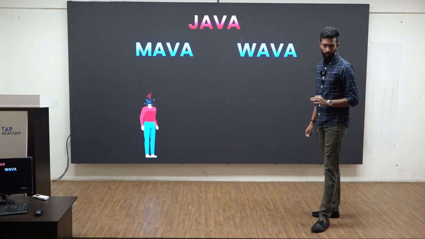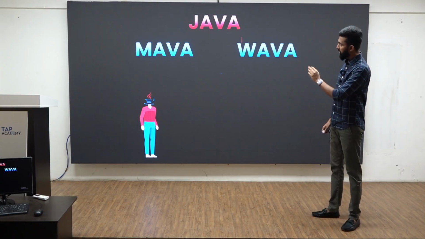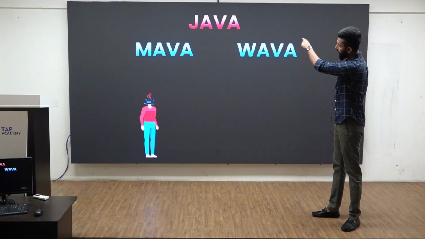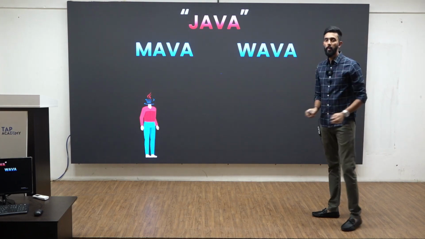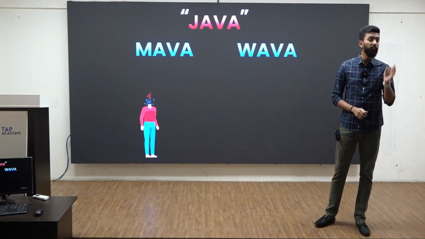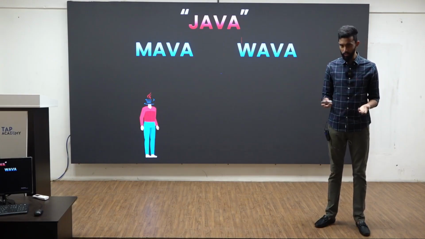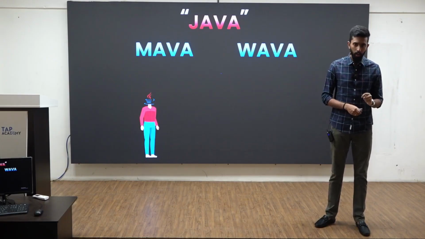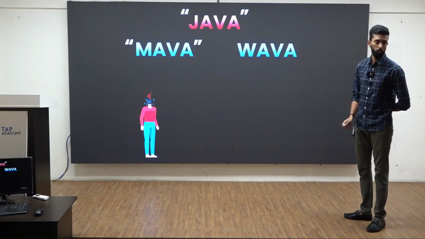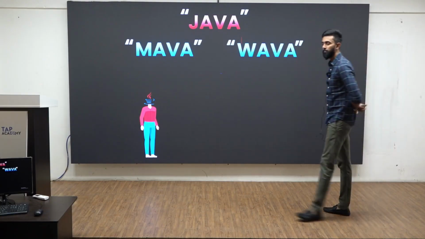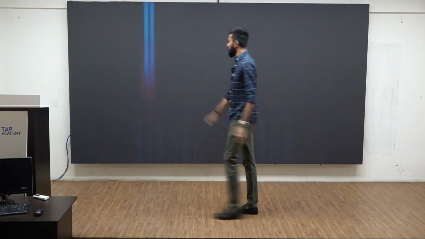So basically, a string in Java is a series of characters which is enclosed within double quotes. That, my friends, is the definition of a string. So if anybody asks you what is a string, you should be able to answer. Same is the case here. Clear till here? Okay.